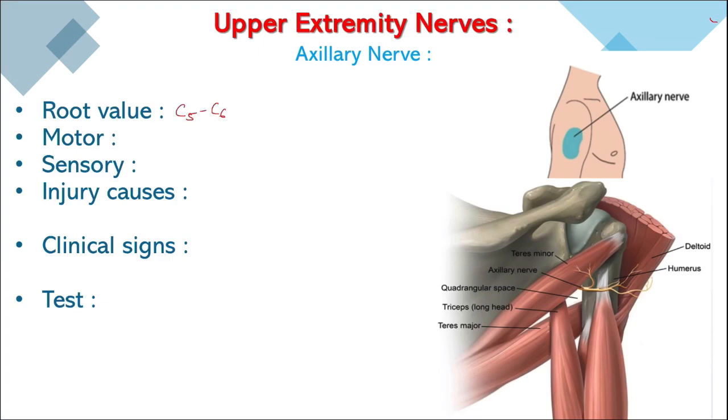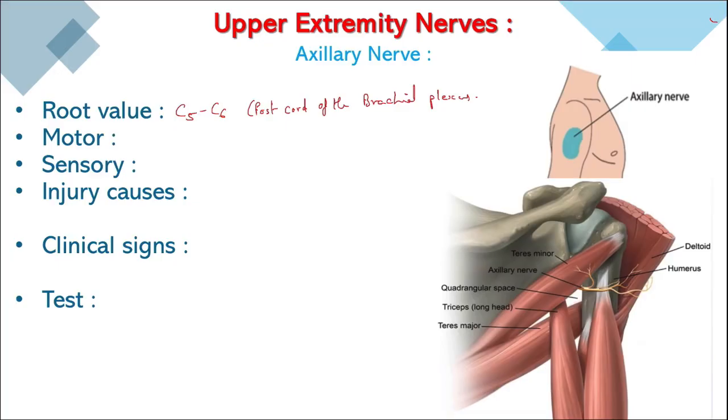It is a branch of the posterior cord of the brachial plexus, and it travels through the quadrangular space with the posterior circumflex humeral artery.